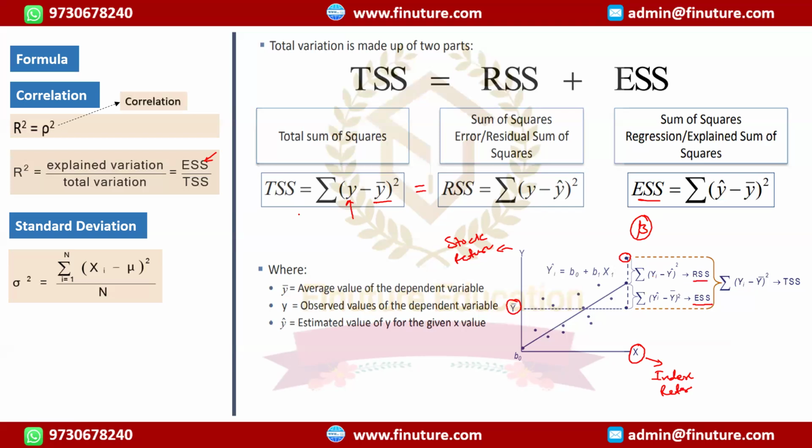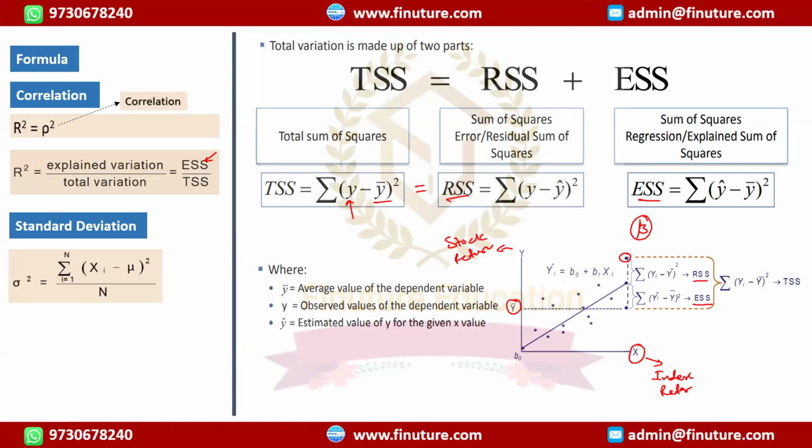Sorry, my bad, this is the residual sum of squares, which is the error term, and this is ESS. So what you expect from beta is the explained sum of squares, and what you are left with, which you are not able to explain from beta, is left as the error term or residual sum of squares. So these are the components. Total variation can be split between two: one is the explained sum of squares and another one is the error term.